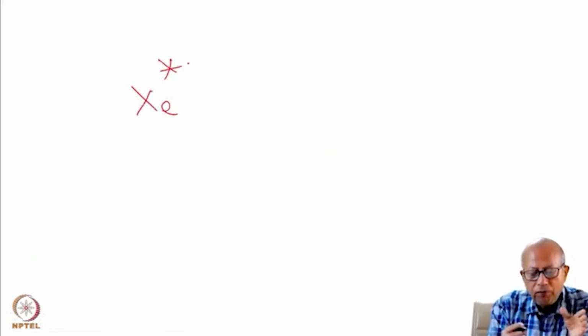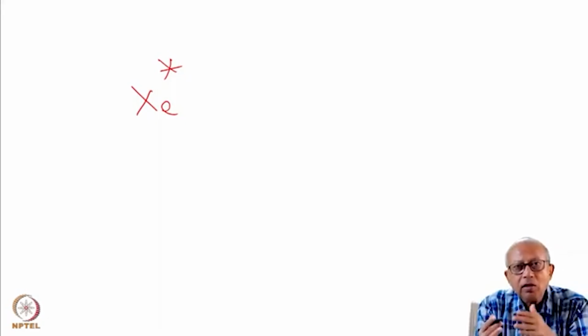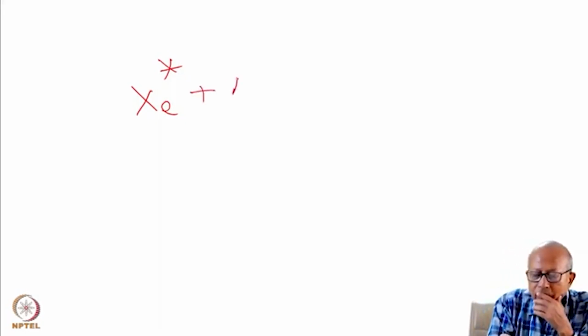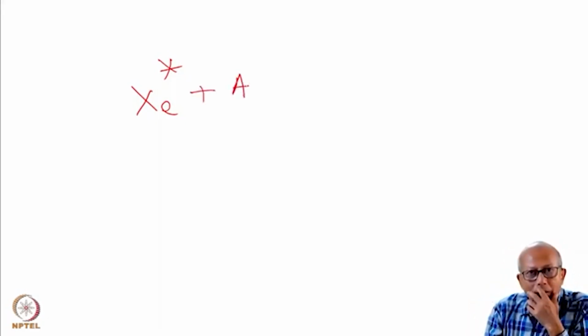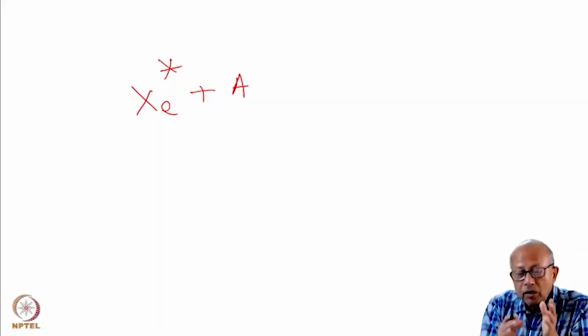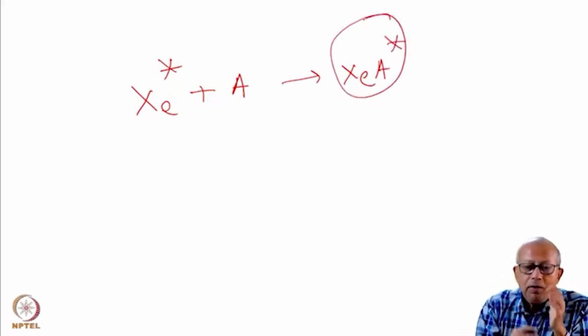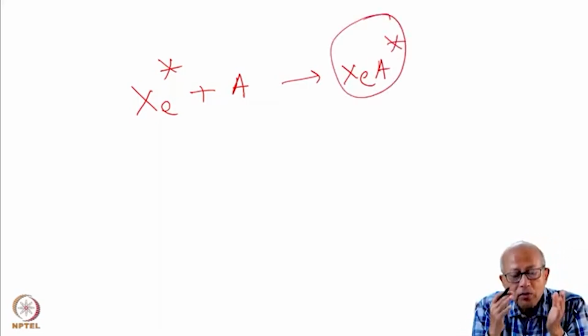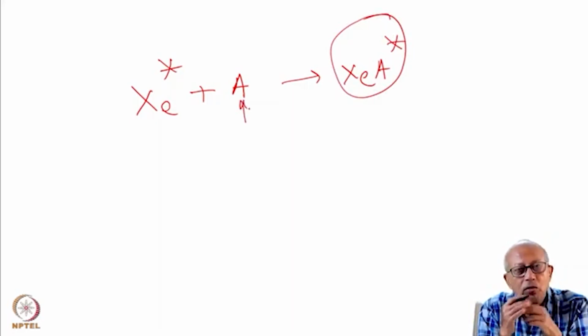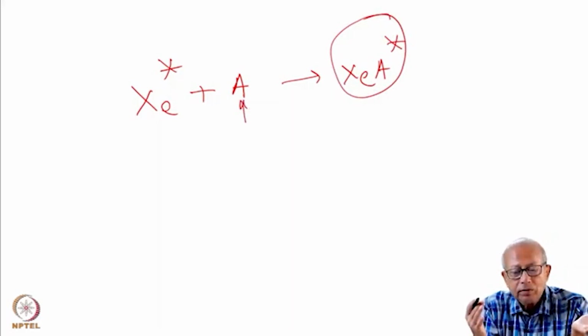Now instead of combining with another xenon in the excited state, it can combine with, say, another normal atom, which is not inert. So it will form xenon plus that atom in the excited state. Not necessarily does it always have to be a dimer, it can be another atom also, which is not inert.